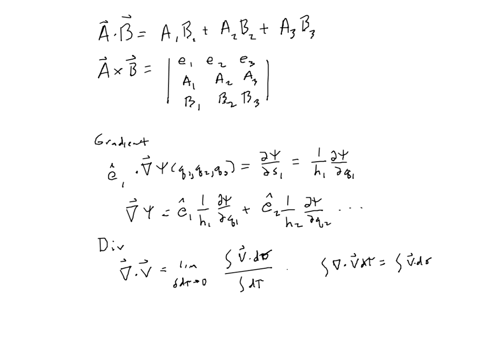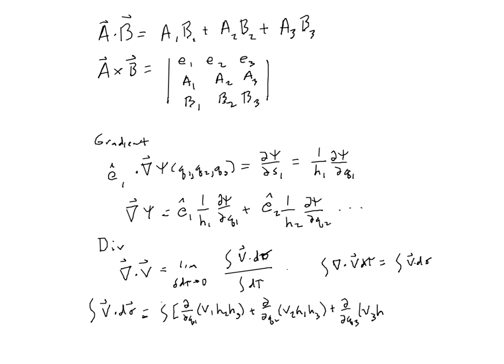And so when you calculate the integral of v dot d sigma, you're going to get something like the integral of the derivative with respect to q1 of v1 h2 h3, plus the derivative with respect to q2 of v2 h1 h3, plus the same thing for q3, v3 h2 h1.